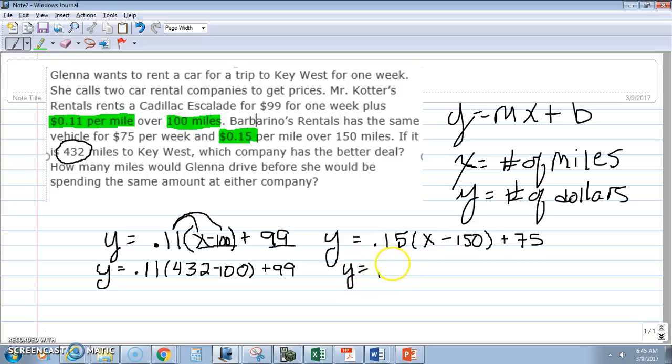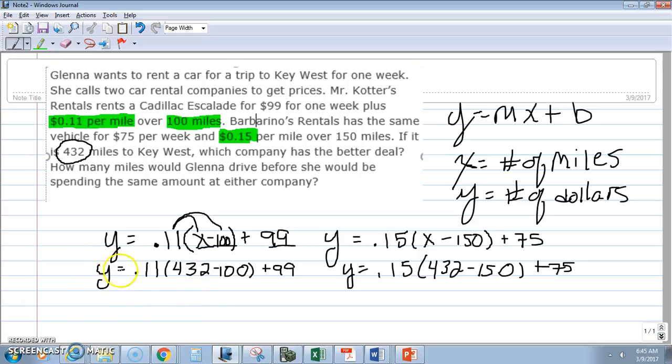And then the second part, I'm not going to solve it for you, but I can get it set up for you. The second part is when are they going to be spending the same amount at either company? And let's not forget to answer both parts.